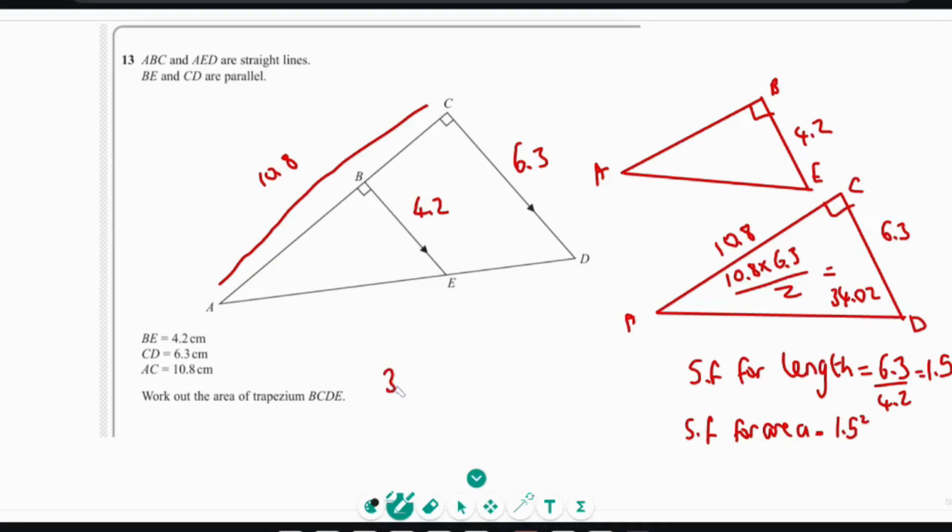So, to get the area of the smaller triangle, 34.02 divided by 1.5 squared is 15.12. The area of the trapezium BCDE is the big triangle minus the small triangle, 18.9.